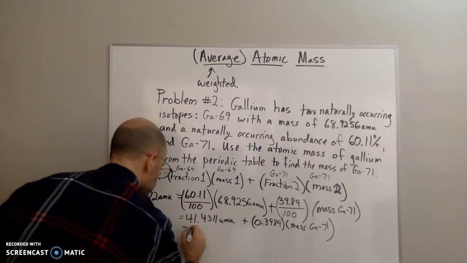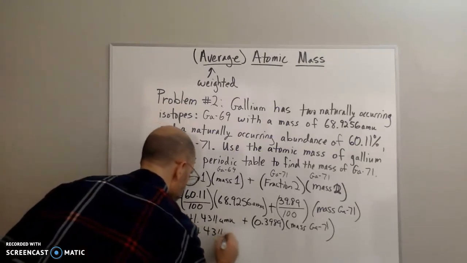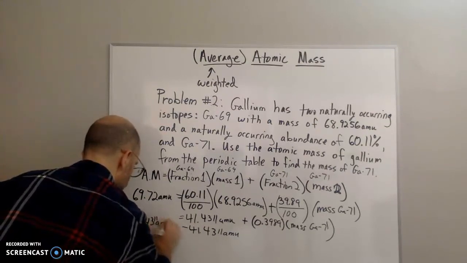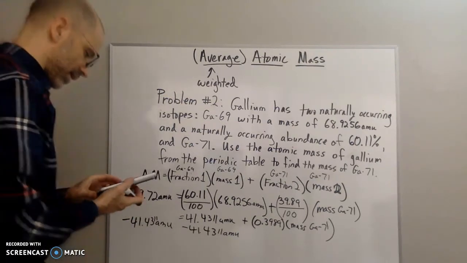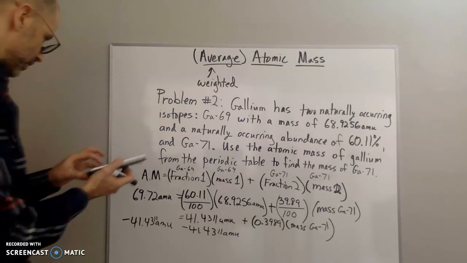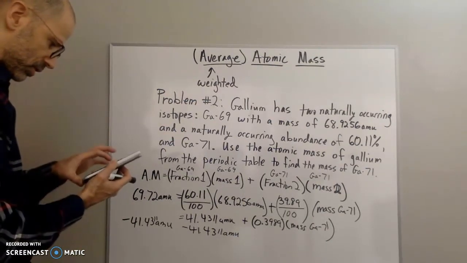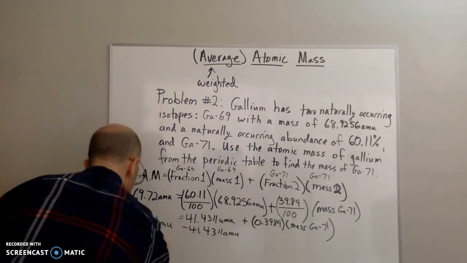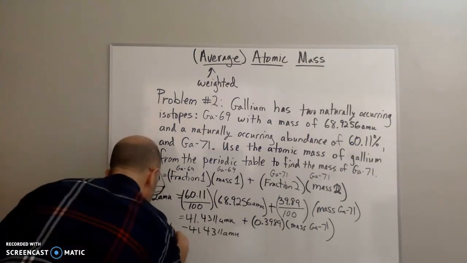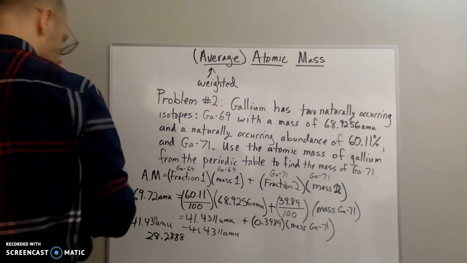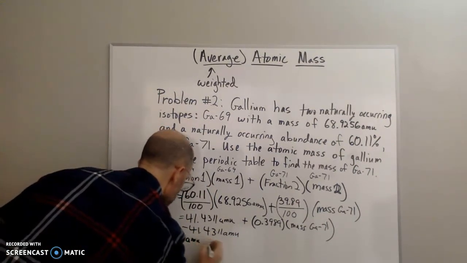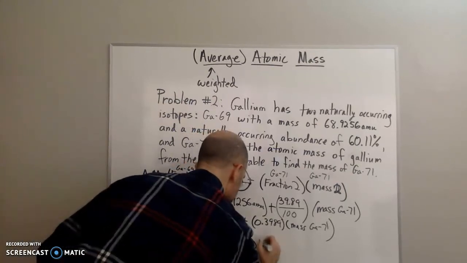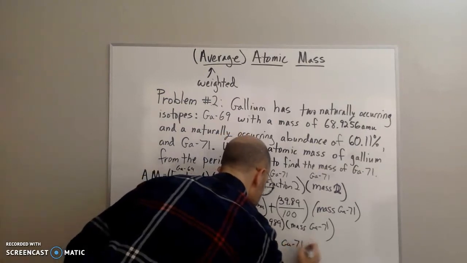Then I'm going to subtract 41.4311 AMUs from both sides. So I'm going to take 69.72, subtracting out that value, and that's going to give me 28.2888 AMUs, which is equal to 0.3989 times the mass of gallium-71.